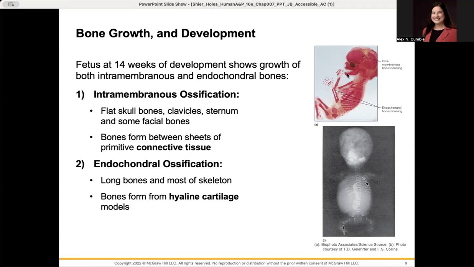So skull bones, your clavicles, also called your collarbones, sternum, and some of your facial bones all come from connective tissue and are formed through intramembranous ossification. Now, the bones of your arms and legs and the rest of your skeleton come from a cartilage base, specifically hyaline cartilage, which is the most common cartilage in your body. It is very structurally sound, and those bones coming from this cartilage base are formed through endochondral ossification.